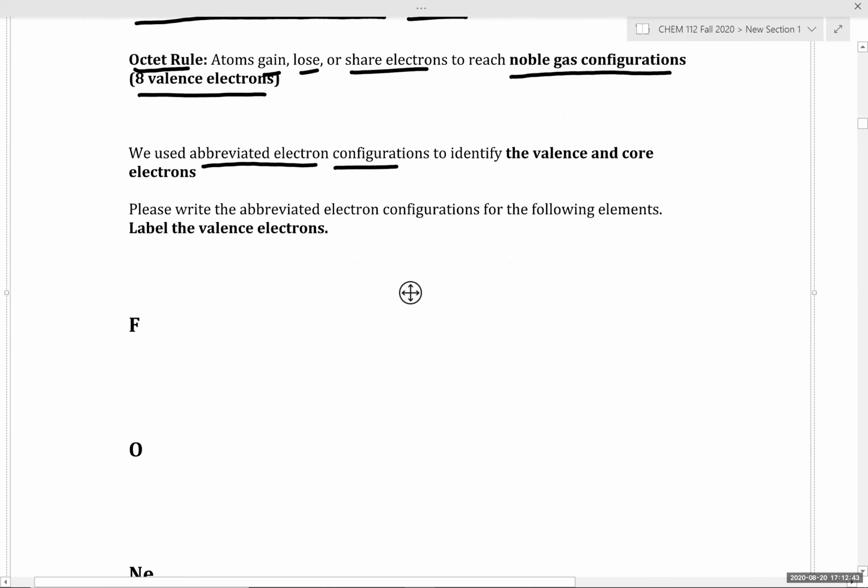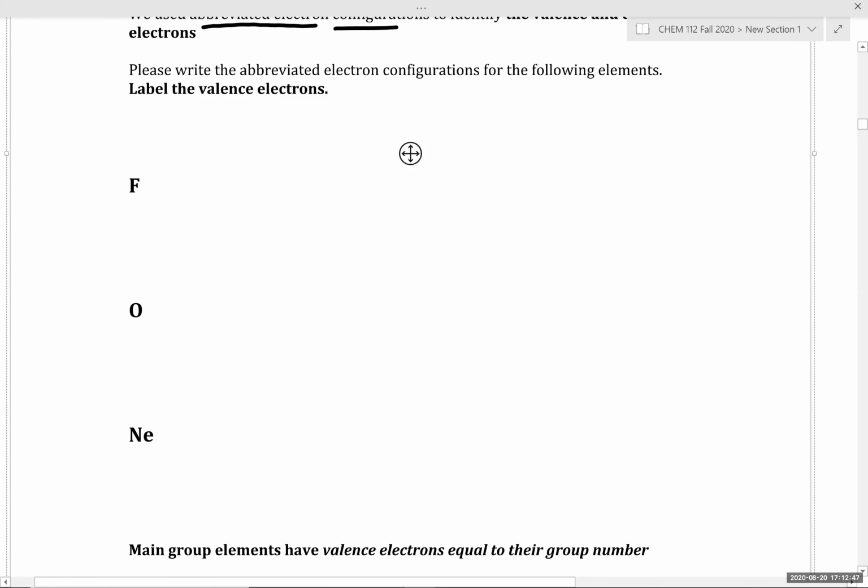So as review from Chem 101 and Chem 102, your general chemistry sequence, in our abbreviated electron configurations, looking for example at fluorine, fluorine's configuration is 1s2 2s2 2p5.